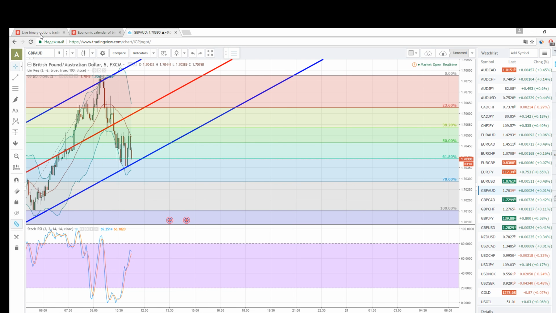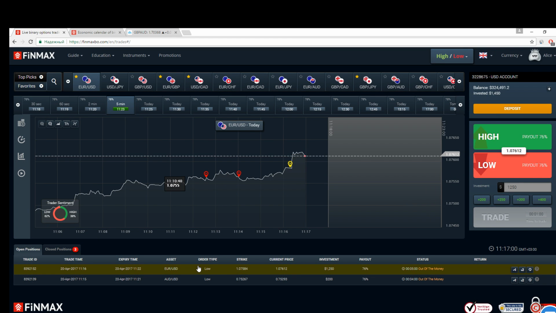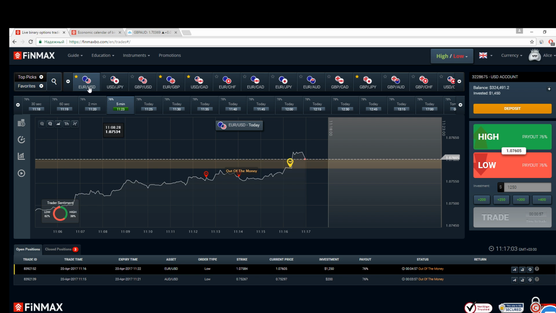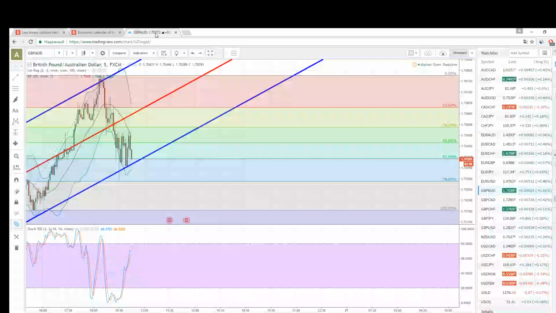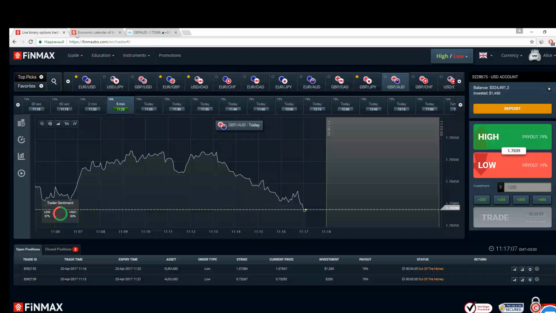British pound to Australian dollar, also interesting. I'm considering to open it for high for 5 minutes.